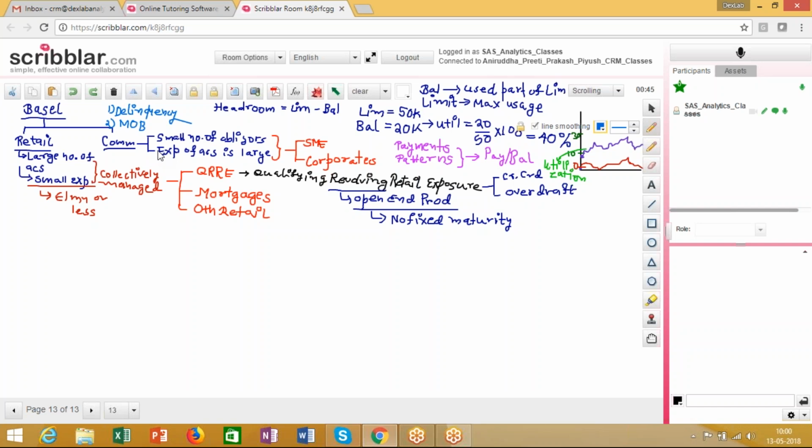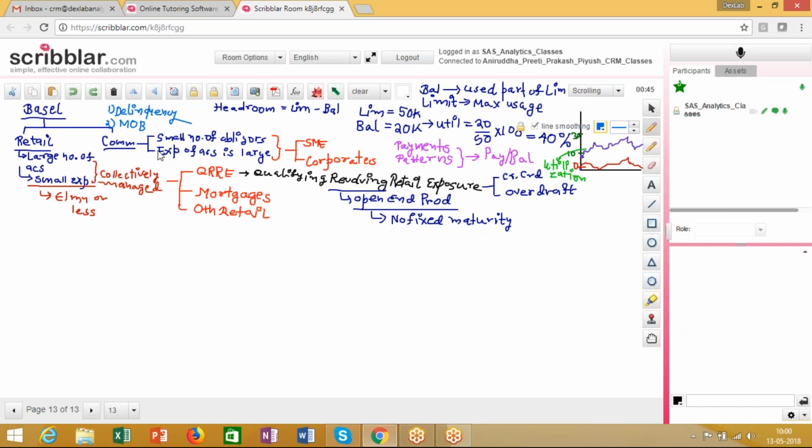When I compare the utilization and the payment patterns of accounts over a given period of time, we can identify the willingness of the borrower to pay back.